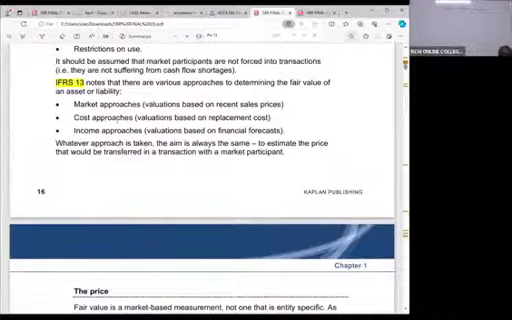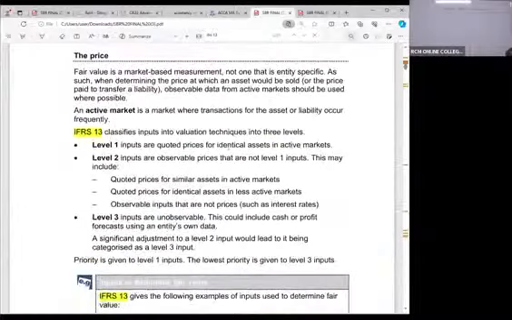So we have three approaches to determining fair value: you could make use of the market approach, or you do costing, or you look at the incomes and then discount them. Whatever approach is taken, the aim is always the same: to estimate the price that will be transferred in a transaction with a market participant.